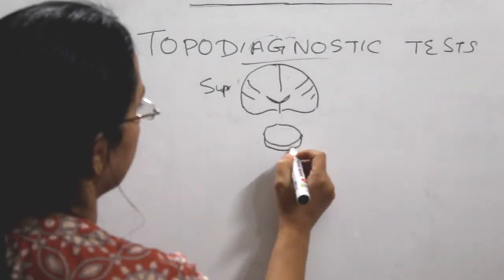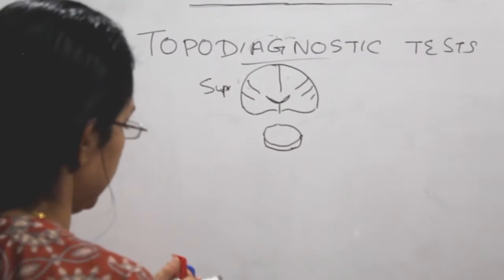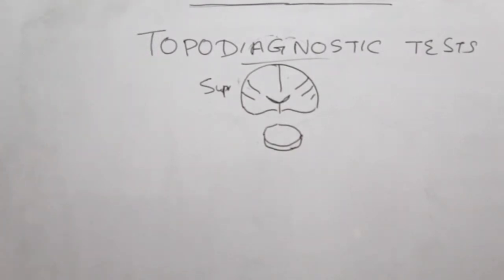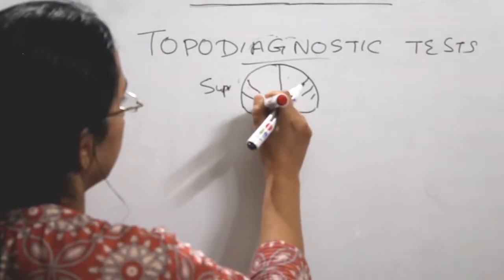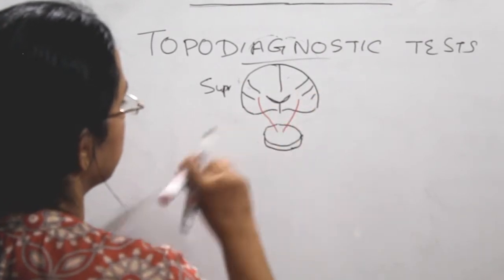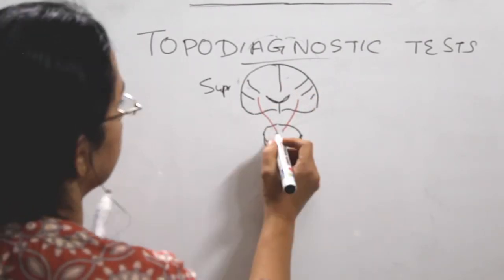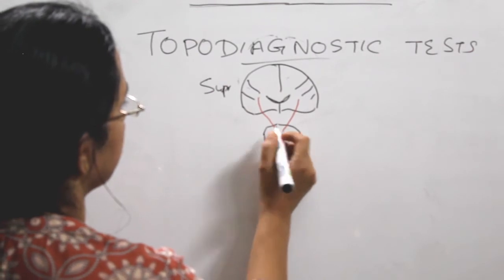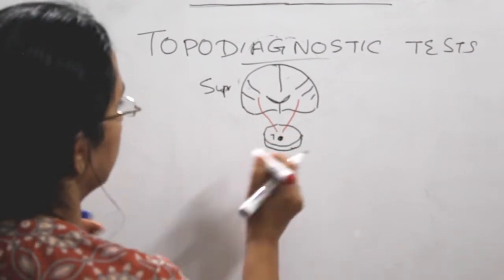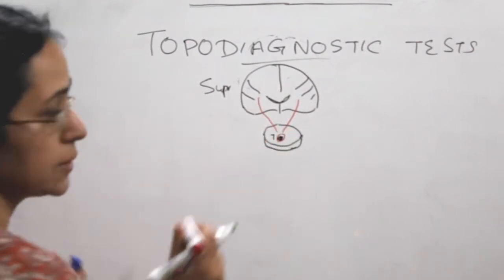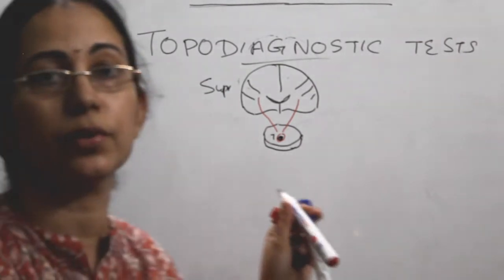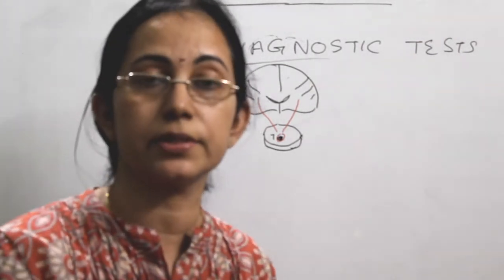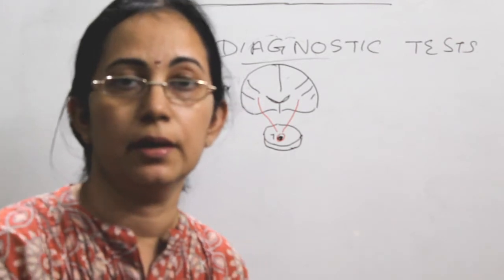These are pons. So the facial nerve fibers will come from here, located in the nucleus, isn't it? Along with the facial nerve nucleus, which nucleus is located in the pons?